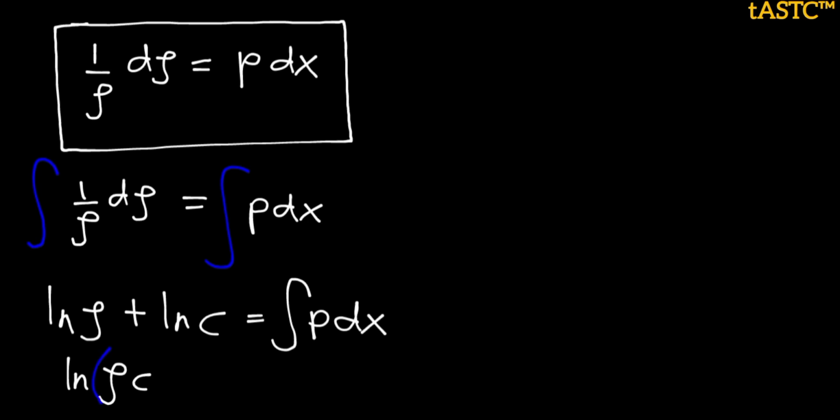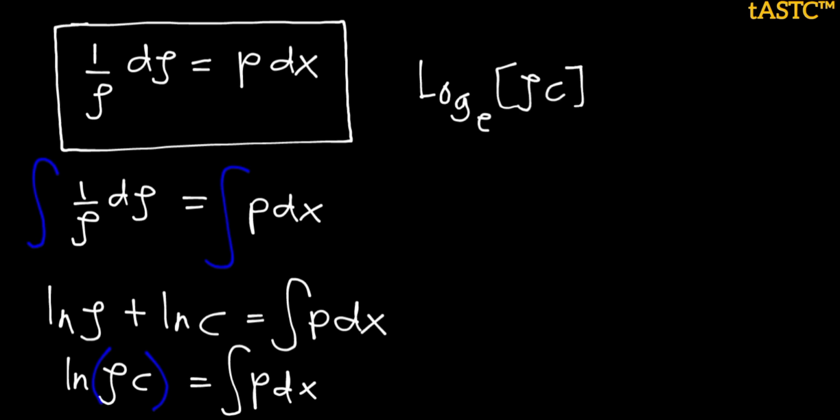So this is what we should have. I need to bring this together. So this is equal to the integral of p dx. Now, I know that ln is the same thing as log to the base e, and so that is log to the base e of rho c, and that will be equal to the integral of p dx.